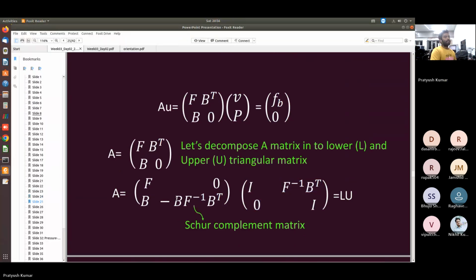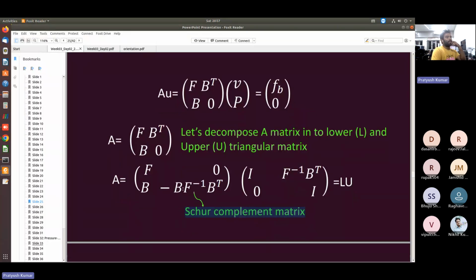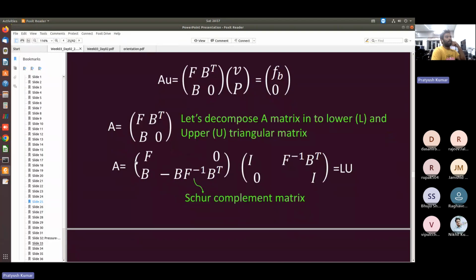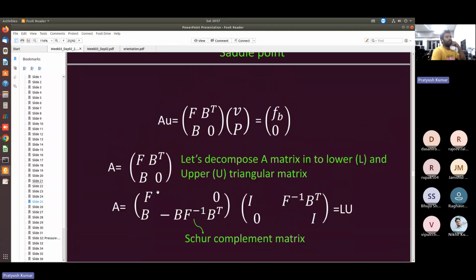This Schur complement approach is generally used to decompose any matrix into the form of lower and upper triangular matrices, which you might have heard of while learning linear algebra. This matrix, with F inverse, is known as the Schur complement matrix.